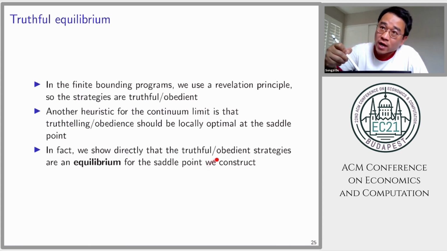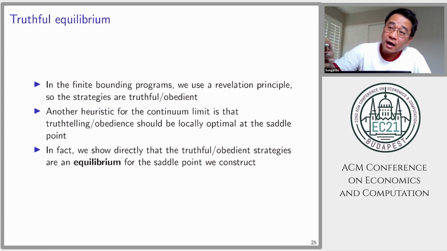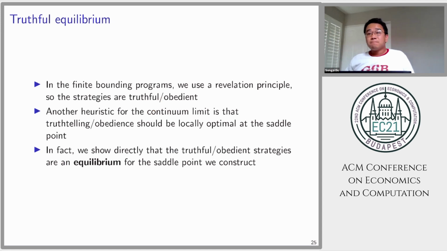And in fact, we can directly verify not only that it is a local equilibrium, it is a full equilibrium where there is no incentive to deviate anywhere, local or global. Okay, so this can be directly verified.